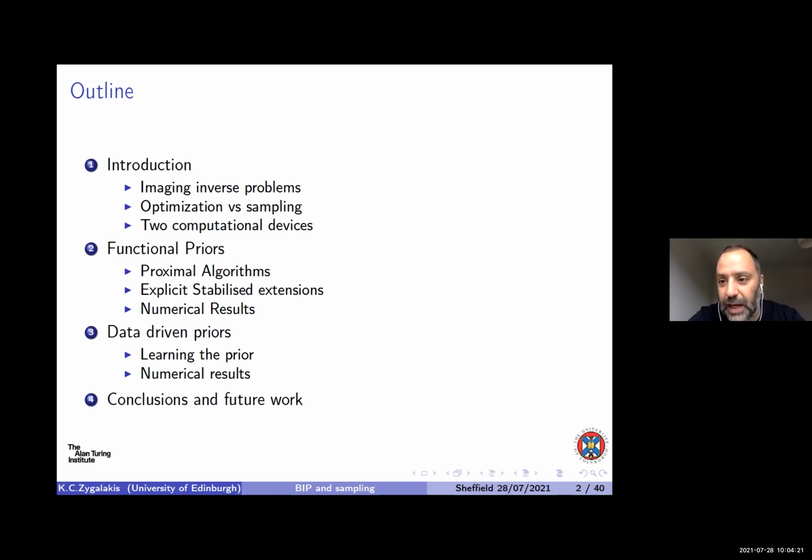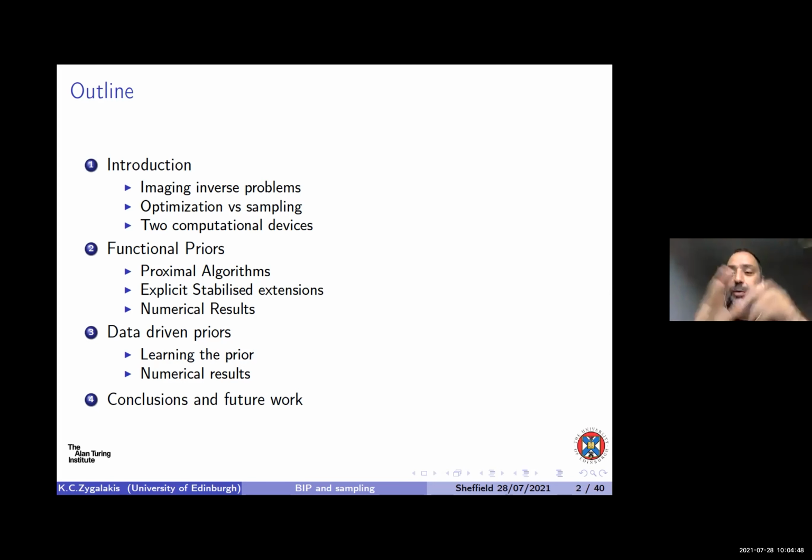I really think as a numerical analyst, or at least that's what I like to think, I'm going to talk to you about two computational devices, an ordinary differential equation and a stochastic differential equation, that can be thought of as computational devices that allow us to solve the optimization and sampling problems.